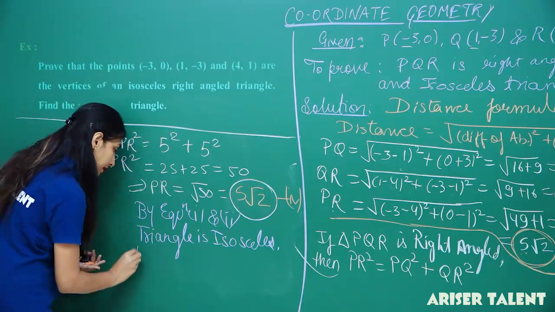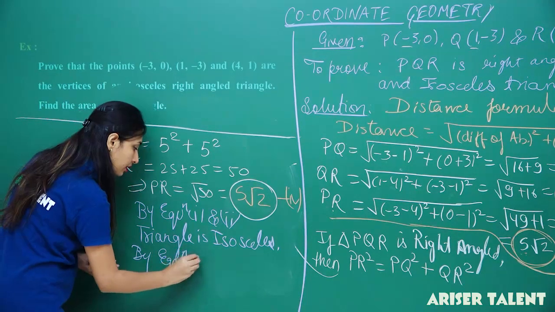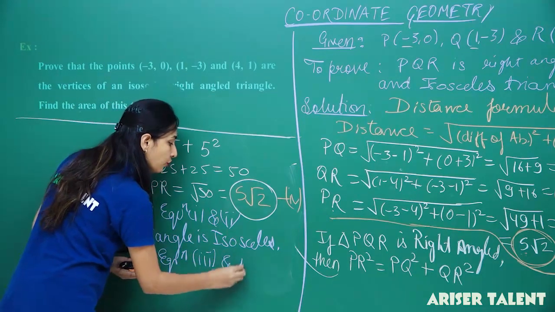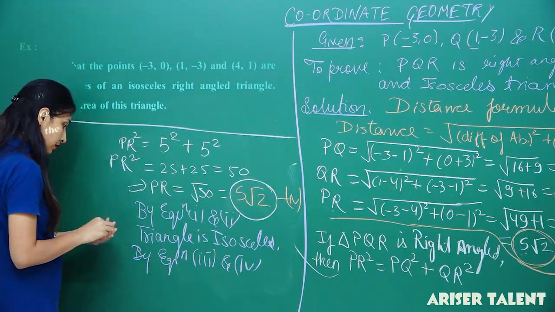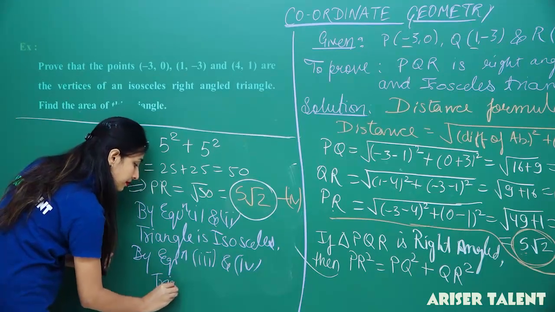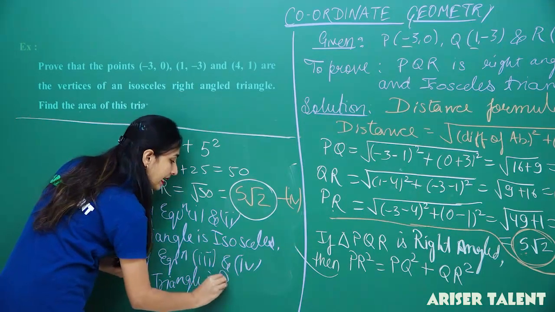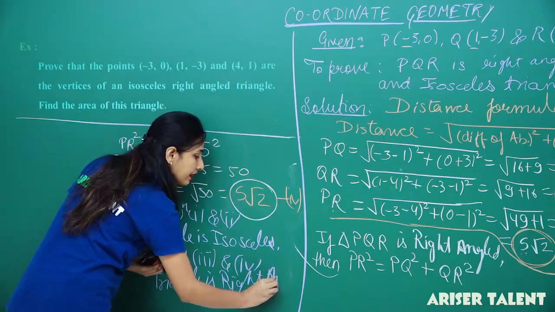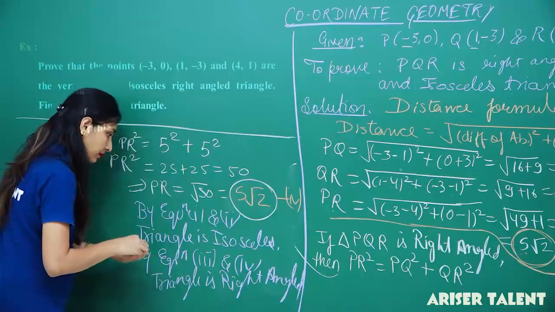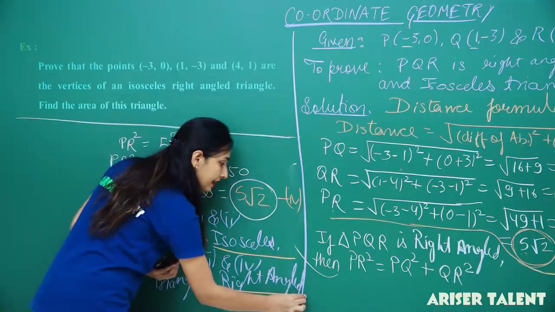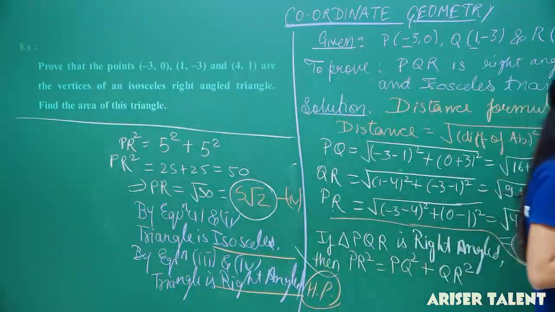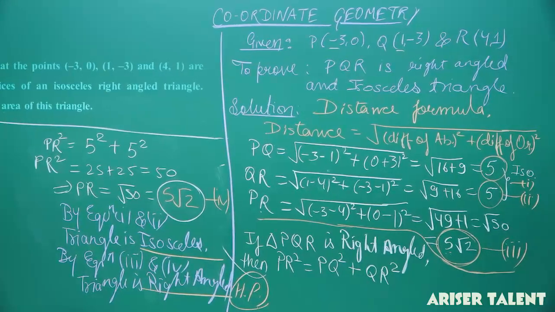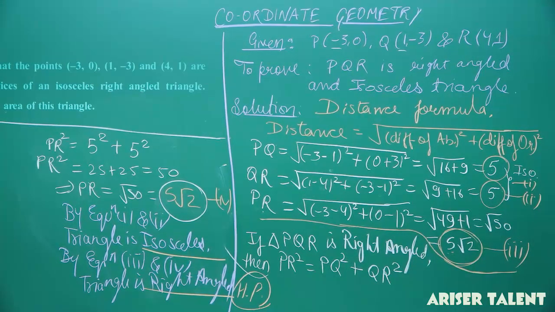Second, by the 3rd equation and the 4th equation, the triangle is right angle. So it is isosceles and right angle, hence proved. Now note this, students, so that we can move forward. Noted it completely? Should I rub this?